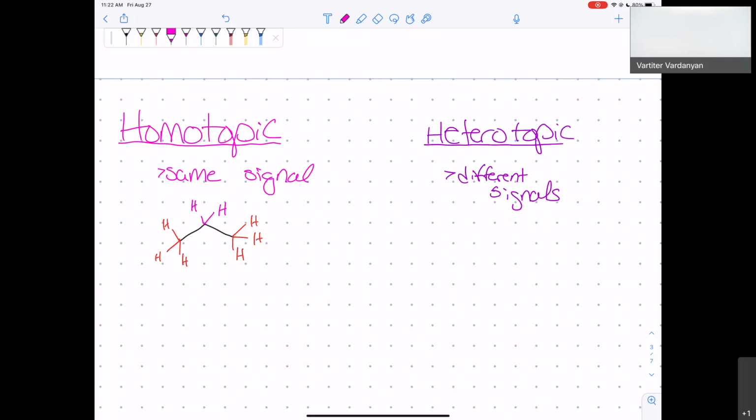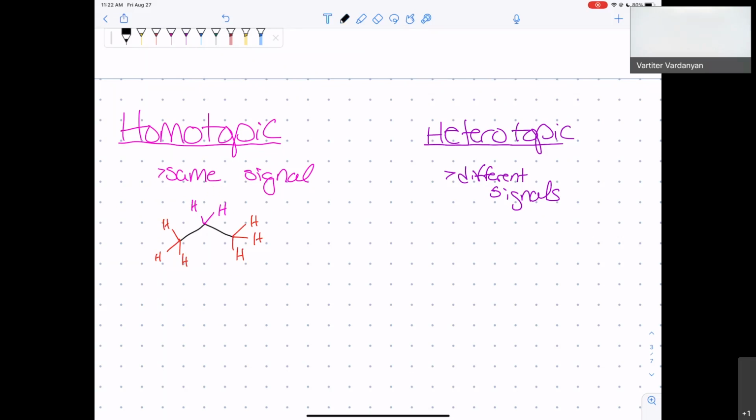So I already spoiled it, but we have a line of symmetry down the middle, right? So this set of red and this set of red are exactly the same. Do we agree on that? Yes. So the relationship between the red ones is homotopic. And so these pink ones, same exact thing. It's one signal. They're on the same carbon, so they're also homotopic.